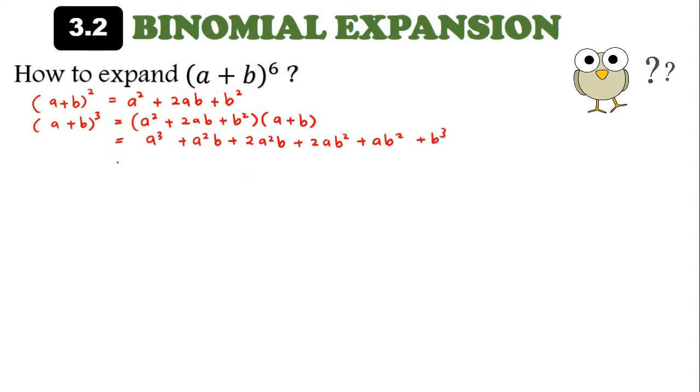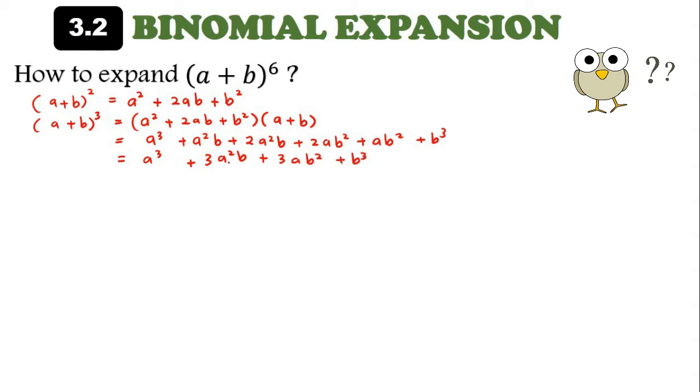Okay, so to summarize this one, I would have a cubed, and I would accumulate everything with the same unknowns in it. For example, this one a squared b, and this one also has a squared b, right? So that should be 3a squared b plus 3ab squared as well, and plus b cubed.